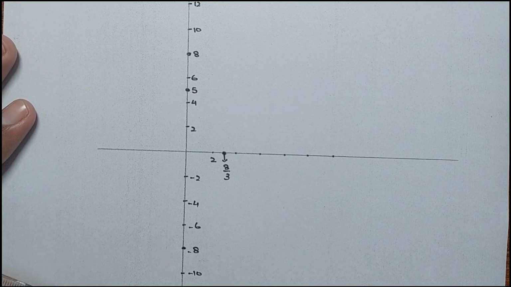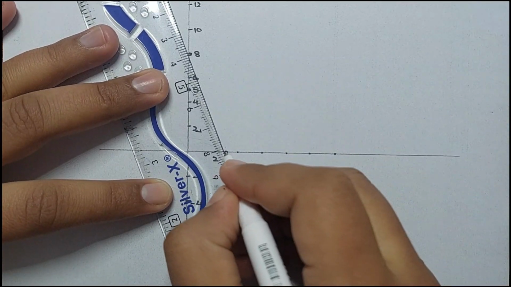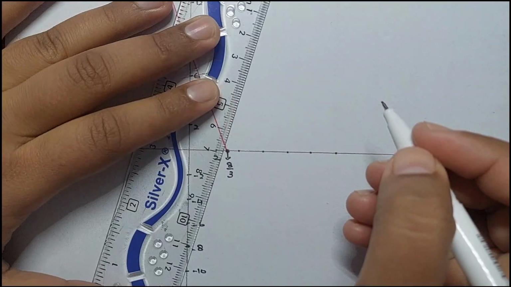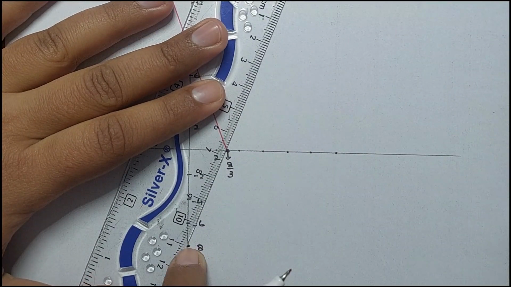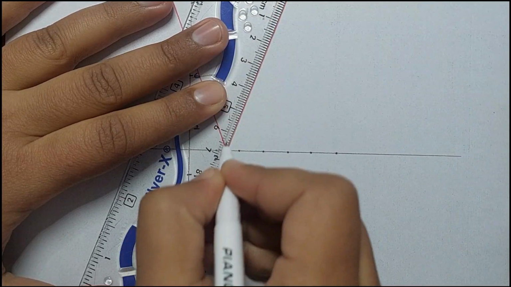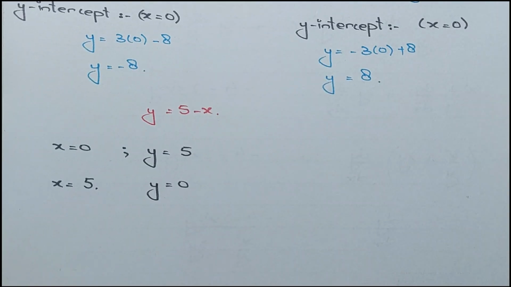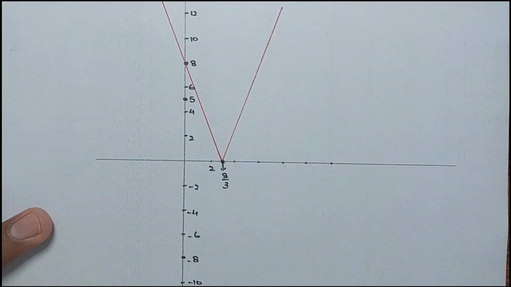Let me plot this one first. This curve, and we are not joining this point because for absolute function we are just considering the positive one. Okay, the V shape. Okay, now for the linear one, x is 5, y is also 5.